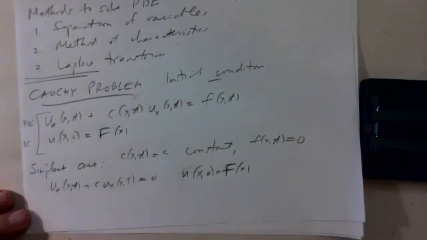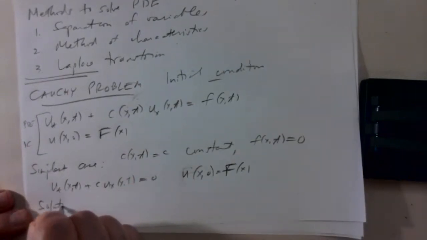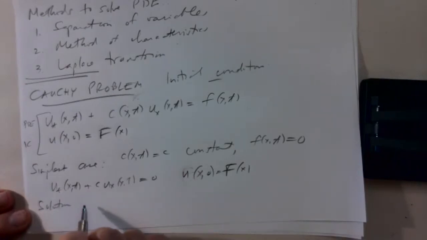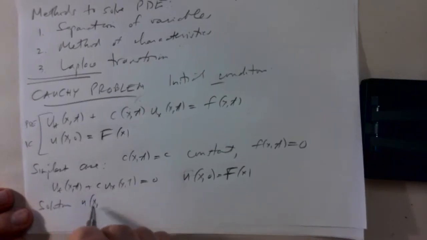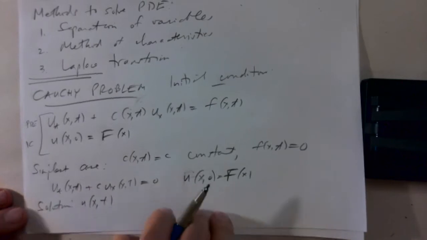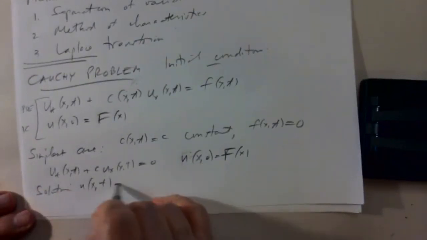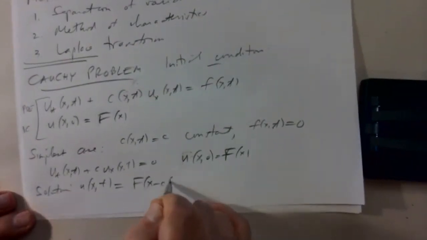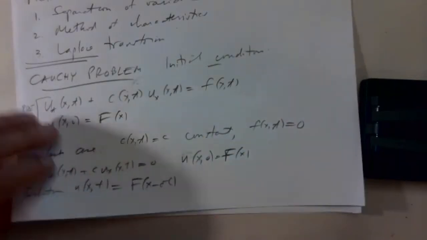So one solution is, suppose we take u of x,t to be equal to F of x minus ct. Let me write this down again over here.